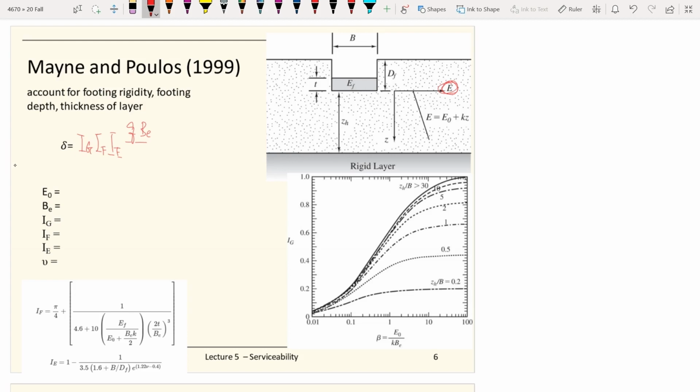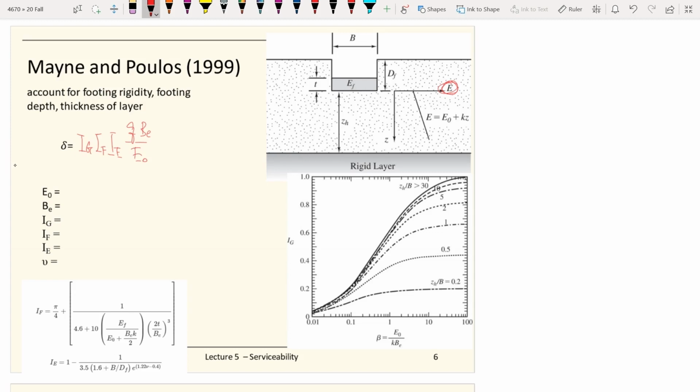But later on, the engineers and academicians tried to advance the method by improving on the weakest point, which is the modulus. So let's see how they do it here. But the major framework is there.